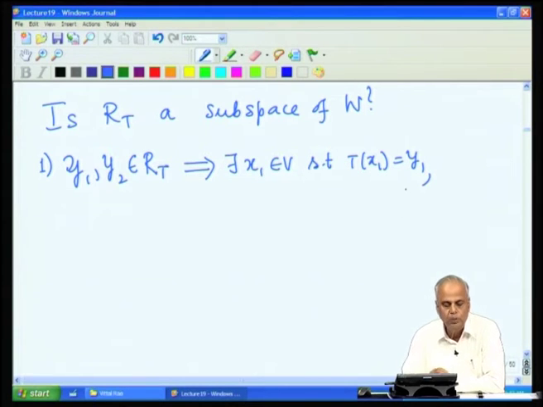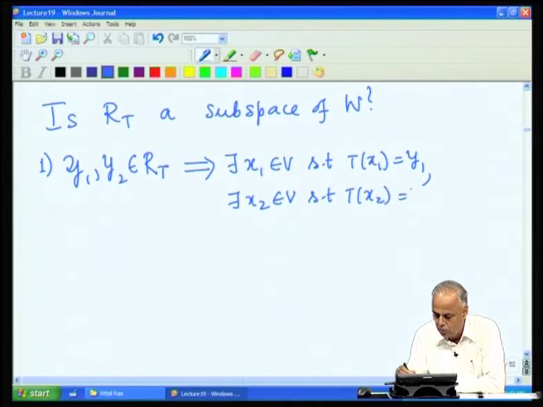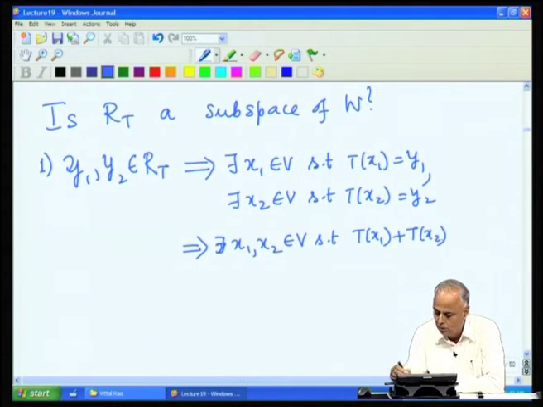Similarly, y 2 is in R T means there exists an x 2 in V such that T of x 2 is y 2, which implies there exist x 1, x 2 in V such that T of x 1 plus T of x 2 is y 1 plus y 2.